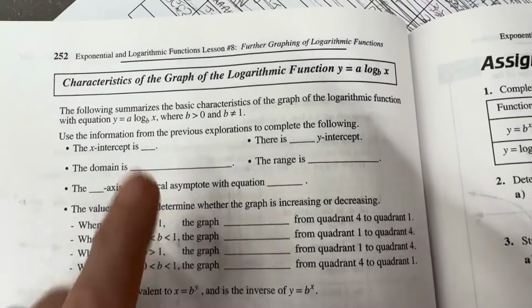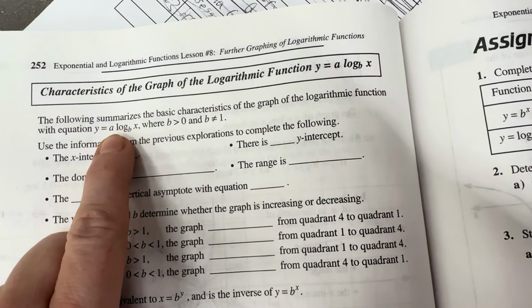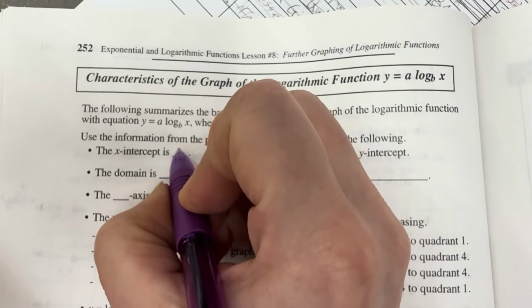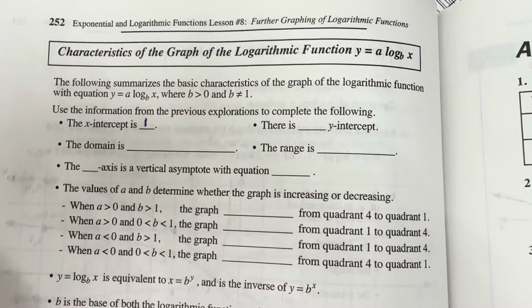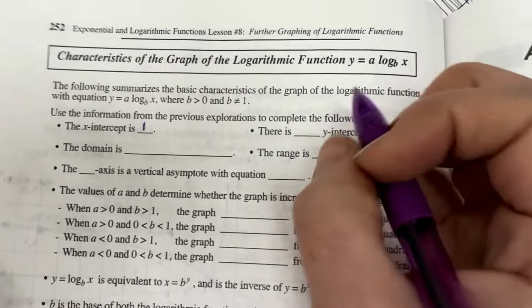So just summing up the characteristics here. Anytime we have a logarithmic function with an a in front, and of course, as always, b has to be greater than 0 and can't be equal to 1. The x-intercept is always going to be 1, so the point (1, 0). There's no y-intercept; it does not cross the y-axis.